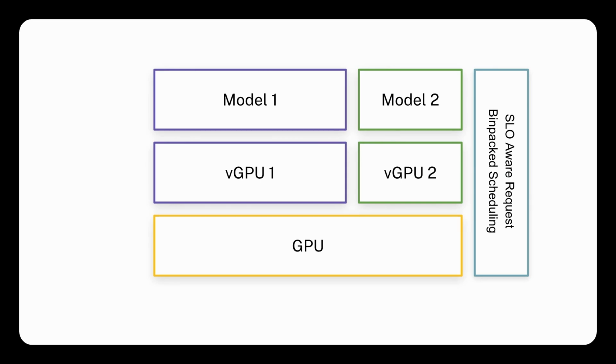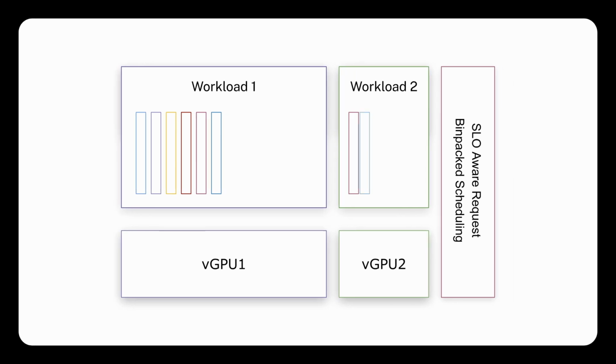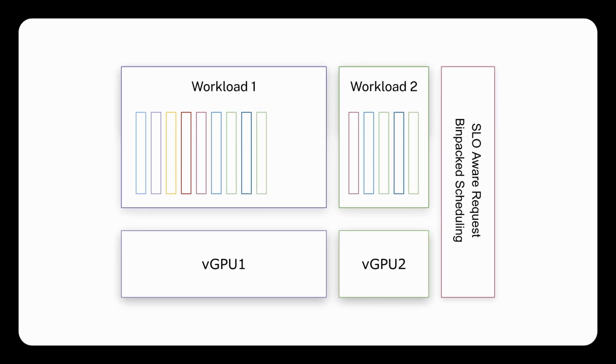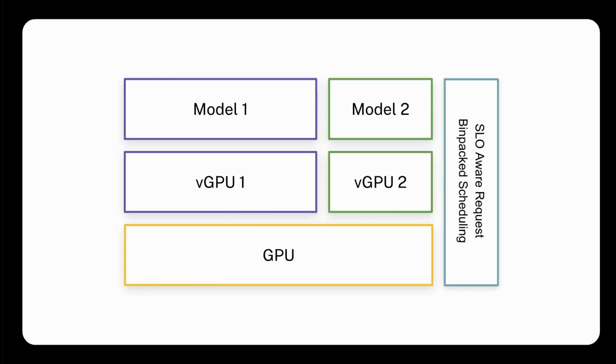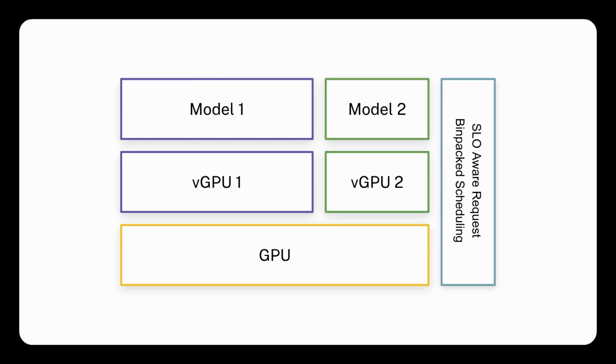From there, FCSP's process-level scheduler manages how individual processes and threads share the memory and compute inside each virtual GPU slice. It controls the order of execution and how long each process runs. The end result is two fully isolated virtual GPUs, one for each model, running side by side without interfering with each other's performance or SLOs.